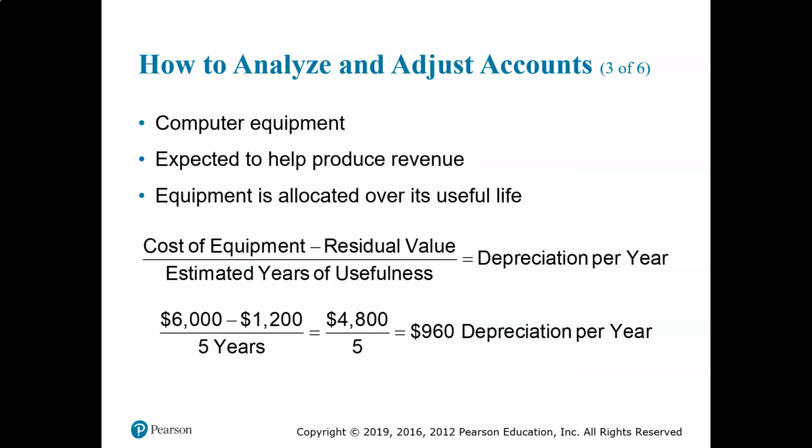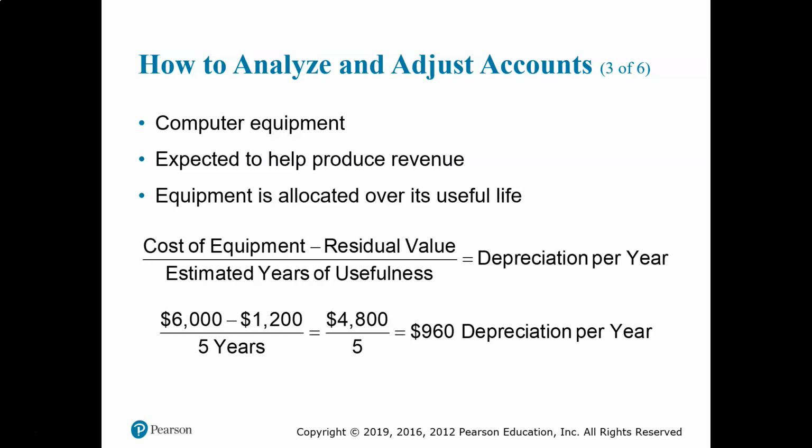Okay, computer equipment. So computer equipment depreciates. If you have maybe a vehicle or something that you own for your business, that depreciates. If you have a building, that depreciates. So it's expected to help produce revenue. Equipment is allocated over its useful life.